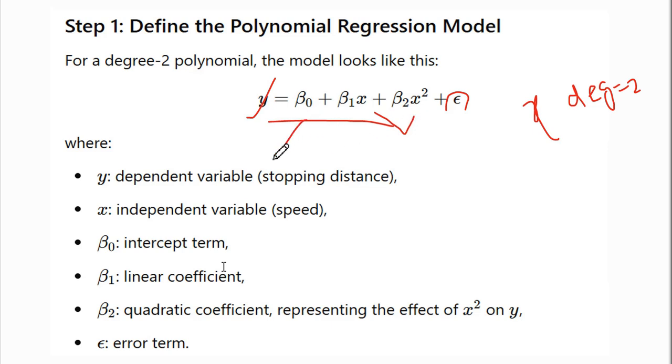Beta naught is the intercept. Beta 1 is the linear coefficient and beta 2 is the quadratic coefficient. If I add degree 3, beta 3 x cube, that would be the cubic coefficient. Likewise, based upon the degree value, the equation changes. Here I am taking degree equal to 2, so we get the equation like this.